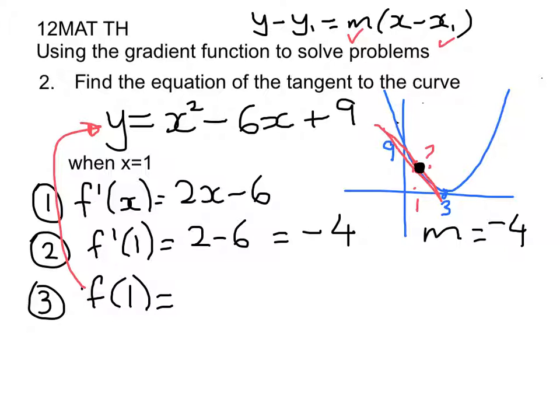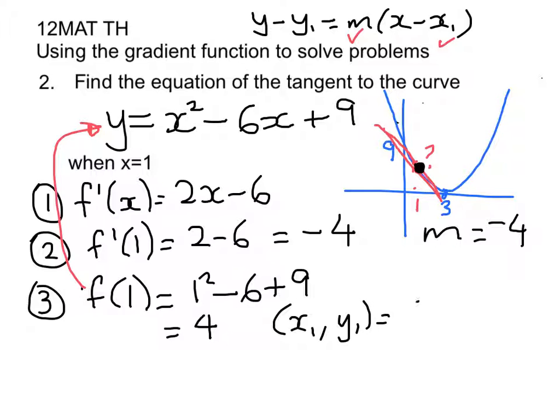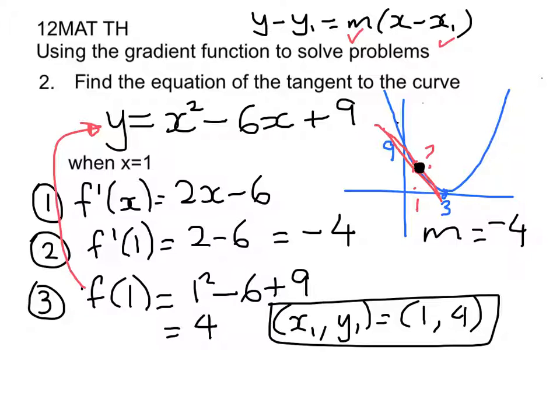So f at 1 is equal to 1 squared minus 6 plus 9, which is equal to 1 plus 3, so that's 4. Okay, so now the point x1, y1 is equal to 1 and 4. So we have everything we need to work out the equation of the tangent.